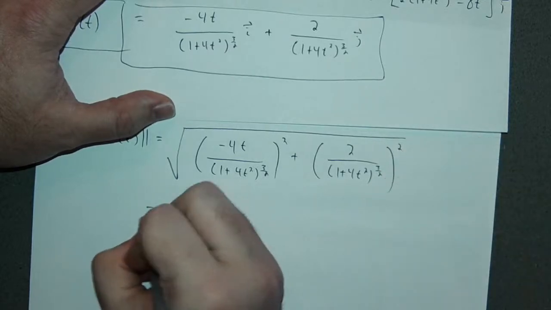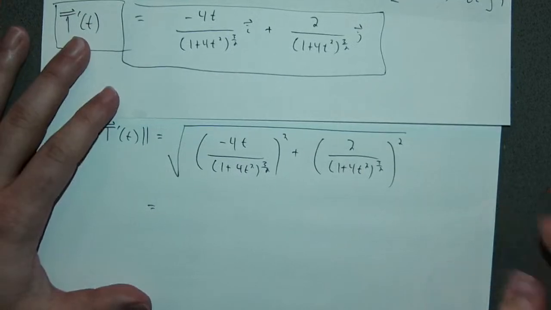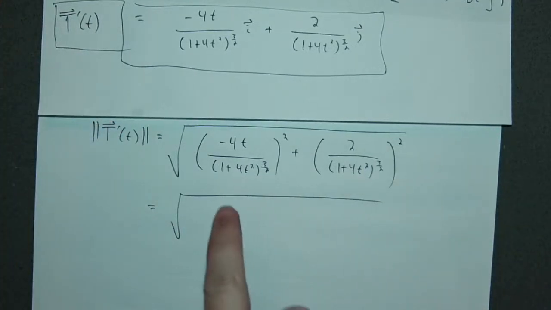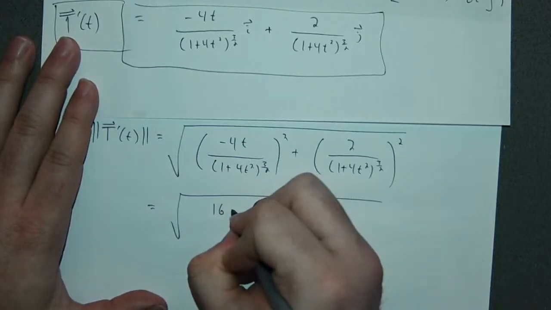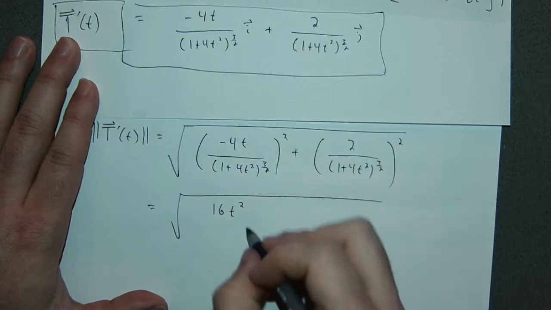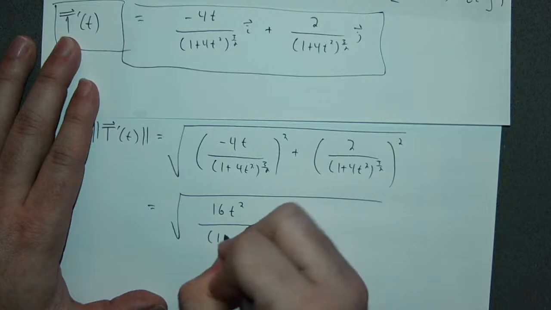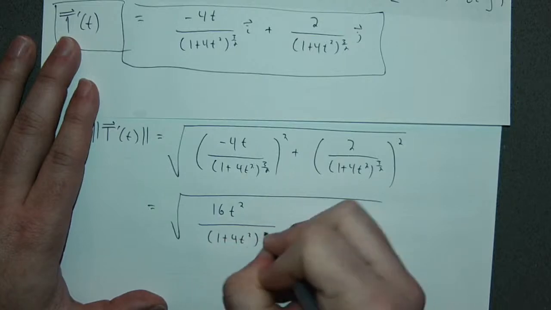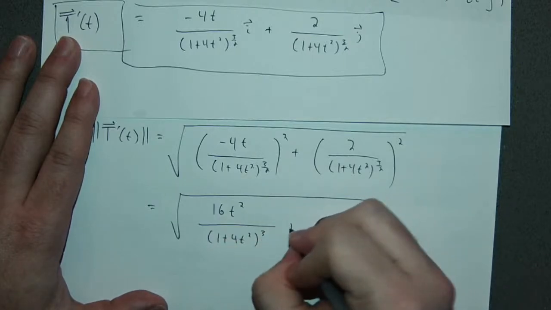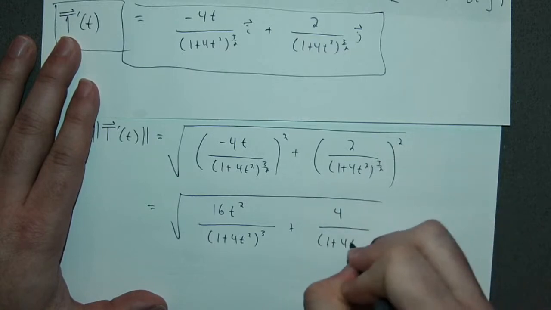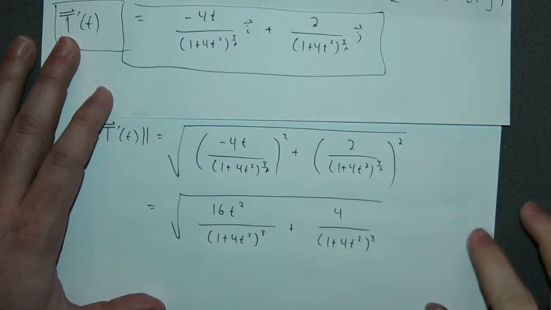What is that? Well, this is the square root of: the top is minus 4t times minus 4t, so that's 16t squared over, well, squaring this is easy, that's (1 plus 4t squared) all cubed, plus 4 over (1 plus 4t squared) cubed.